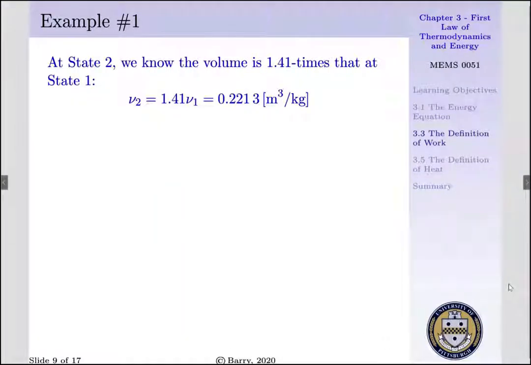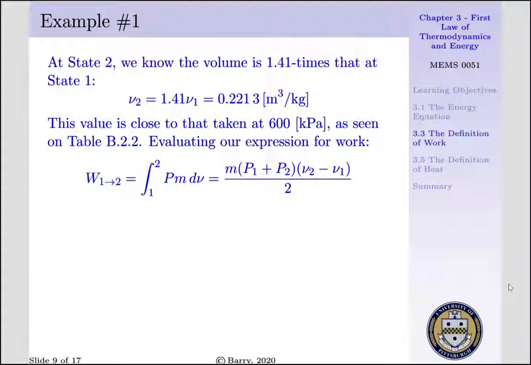Now we know at state 2, our volume is 1.41 times that at state 1. So our specific volume at state 2 would be equal to 0.2213 meters cubed per kg. Now at state 2, we'd recognize that our specific volume is close to that at 600 kPa. And this is seen on table B.2.2, our saturated ammonia tables with our pressure entry.